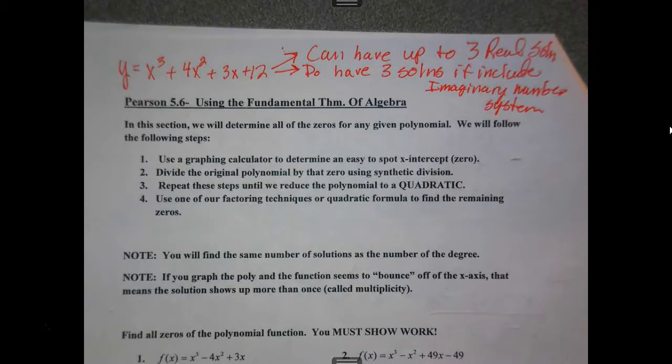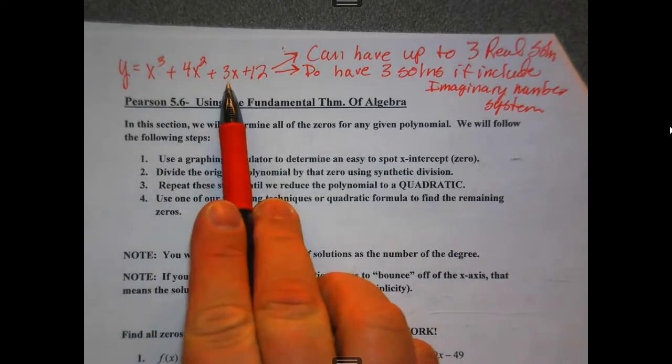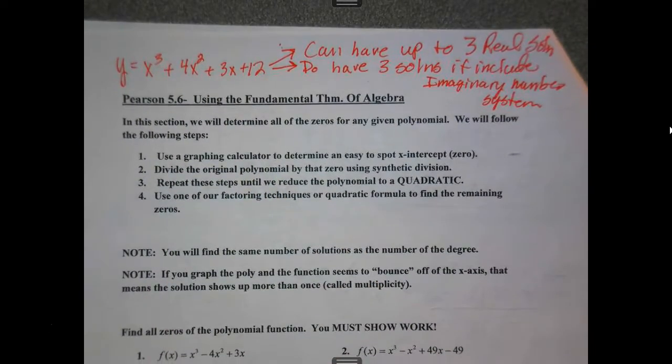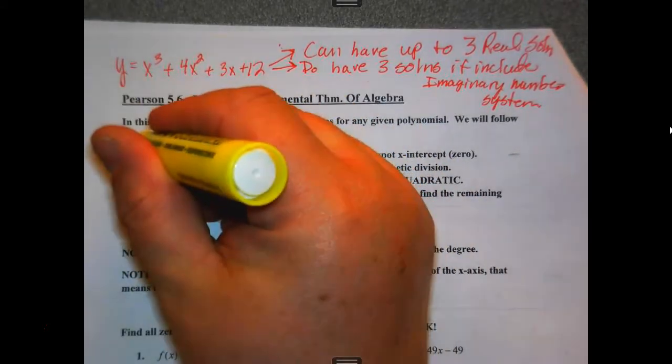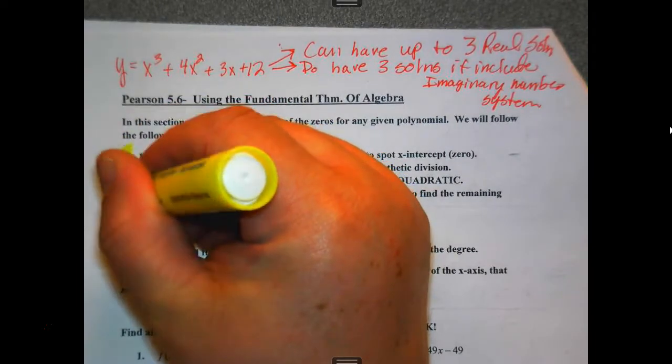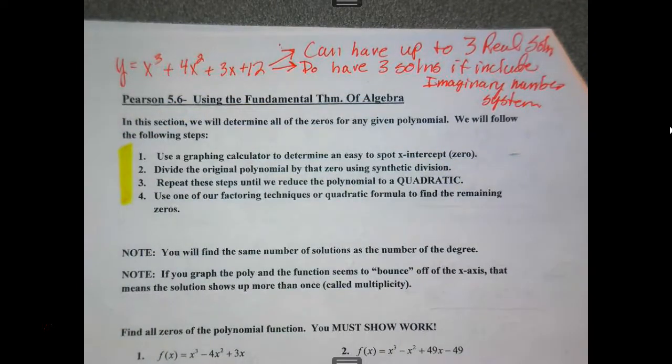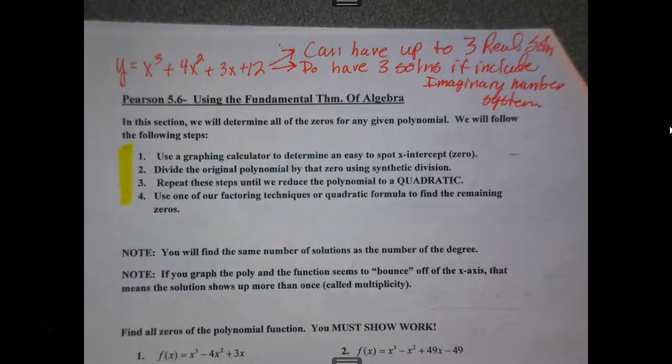All right, so in order to find the solutions for every polynomial, we have a little process here, steps 1 through 4. This is a process to determine what all these zeros are for a polynomial.